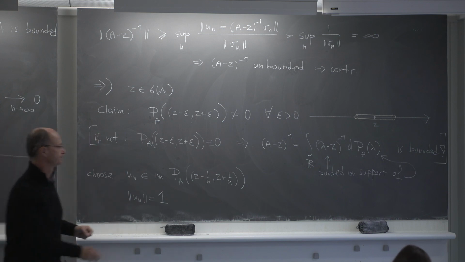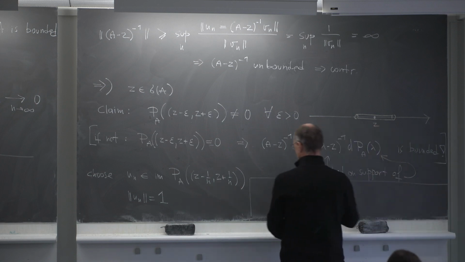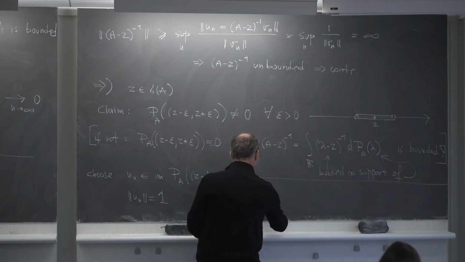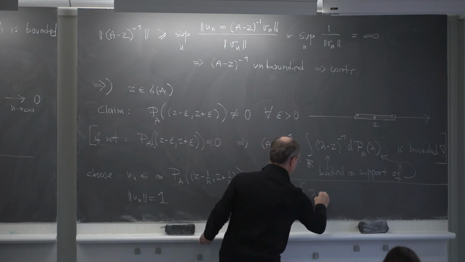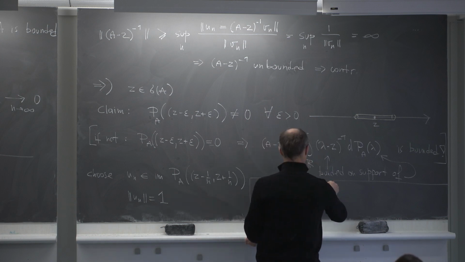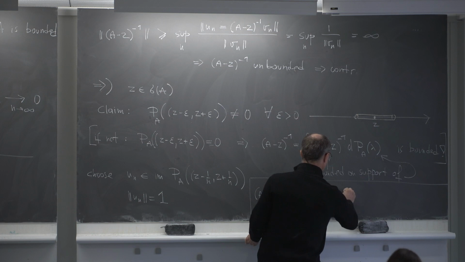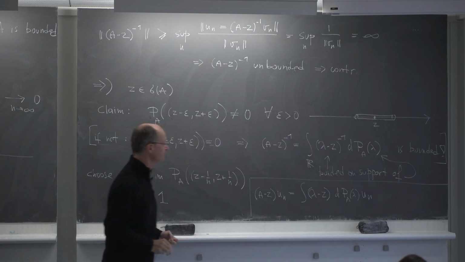Why not? So then A minus Z applied to UN is equal to an integral of lambda minus Z dPA of lambda times UN.